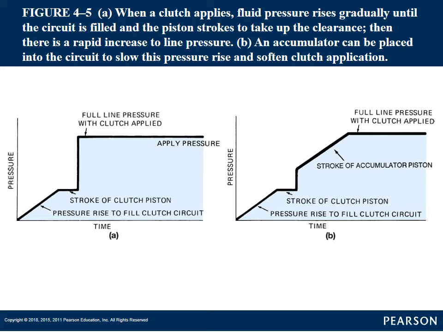And when it gets to full application, if something rises rapidly, then stops rapidly, there's a harshness to that stop. And that's what happens in a clutch pack or a band that doesn't have an accumulator. Once that pressure rises rapidly, then stops, you get a harshness to your shift.